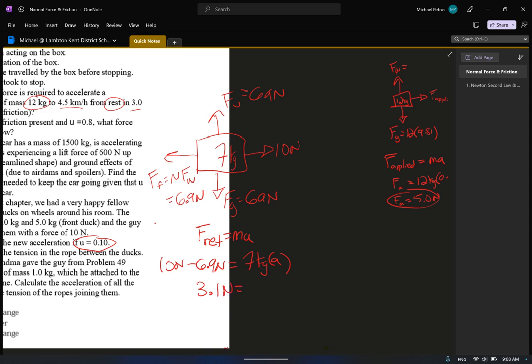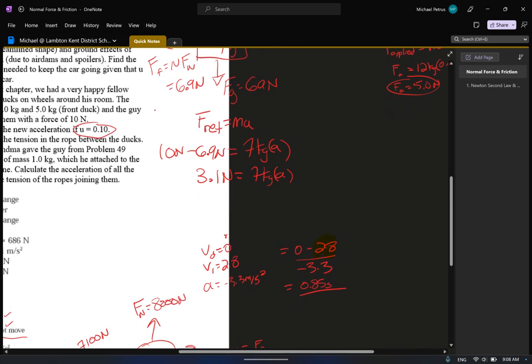Just because I'm recording this, I better double check, but I feel like I should be able to do simple arithmetic in my head. 3.1. Yeah, no, it worked out. Equals 7 kilograms times acceleration. So I take that 3.1 and divide it by 7, and I get a 0.44 acceleration.